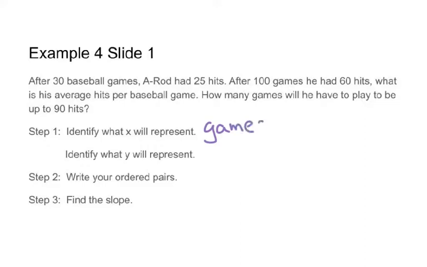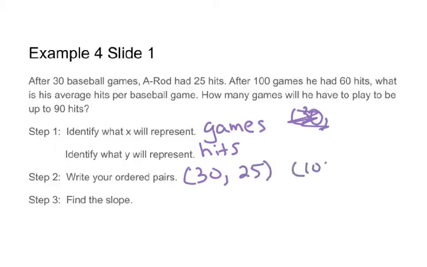Because depending on the number of games he plays, that will tell me how many hits he has. So if he played 30 games, he had 25 hits. And if he played 100 games, that gave him 60 hits.